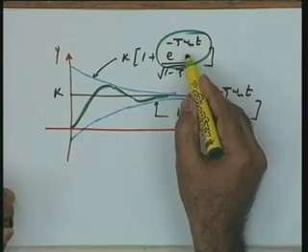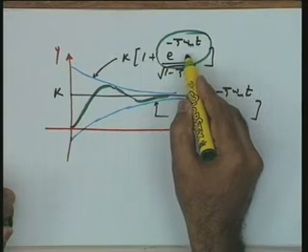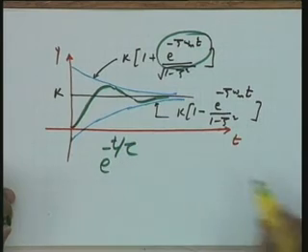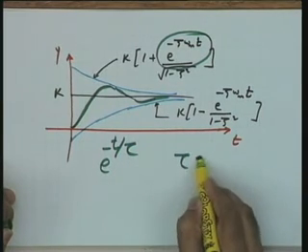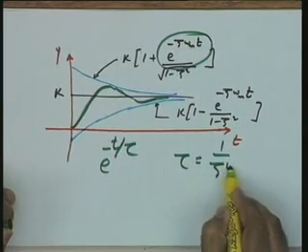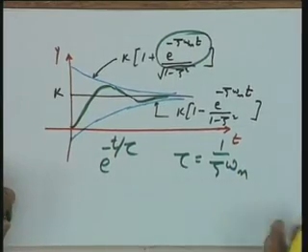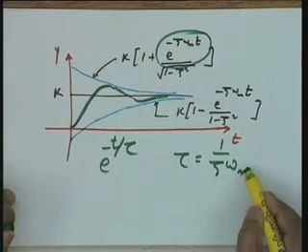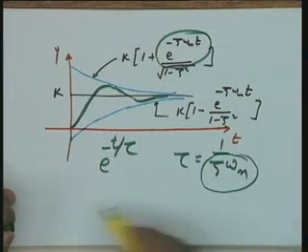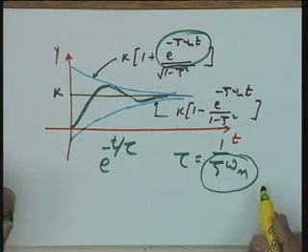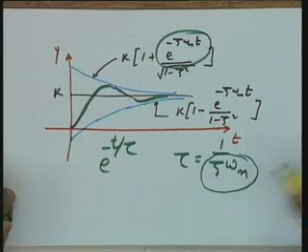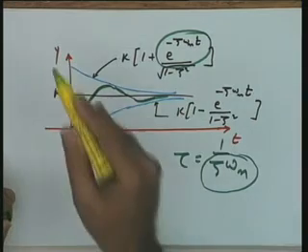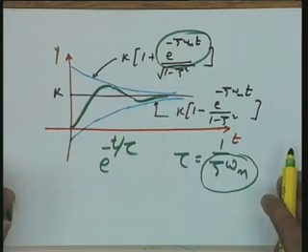Can you tell me what is the time constant of this factor? The time constant is given by expressions of the type e to the power minus t by tau. So, tau is equal to 1 over zeta omega n. The time constant of the envelope is 1 over zeta omega n, and therefore the decay of the envelope is guided by the product zeta into omega n. The larger the value of the product zeta omega n, the smaller is the time constant, and hence the faster is the response.